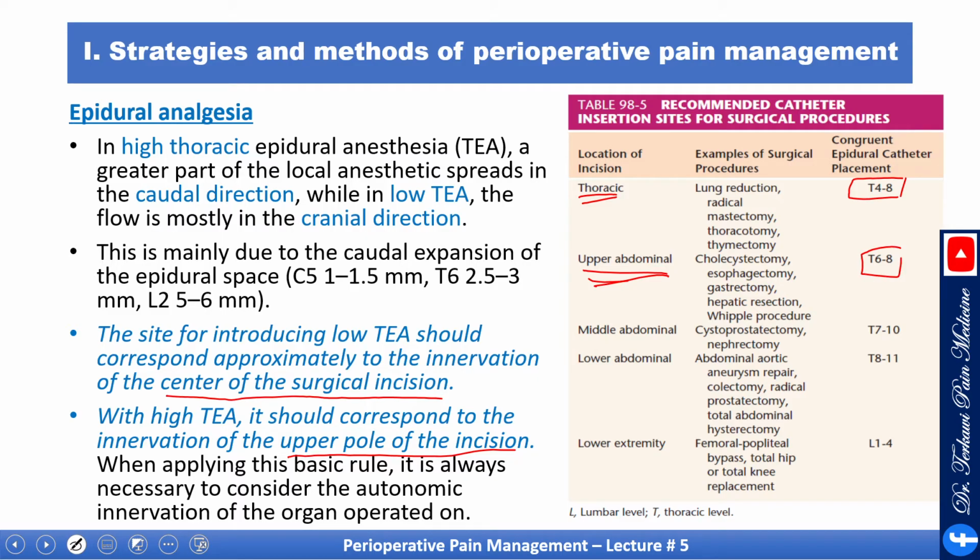And this is important: if you have a lumbar placed epidural, don't expect it to cover an upper abdominal incision. Mid-abdominal, T7 to T10, lower abdominal, T8 to T11, lower extremity can be lumbar.